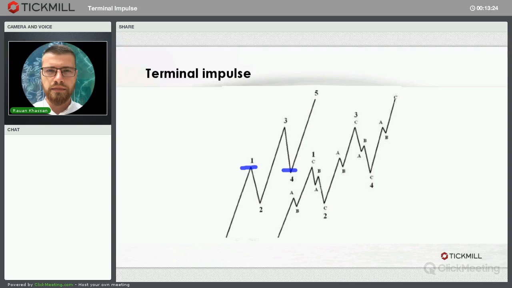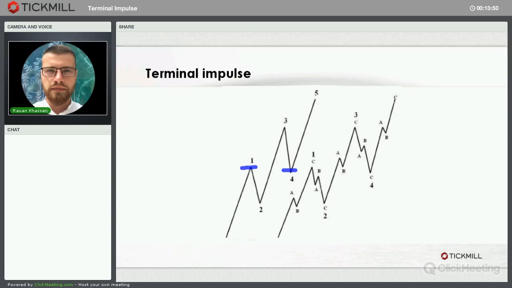An important note is that such aspects of forming up the terminal impulse, for example, signal lines, extension rules, and other assumptions, are identical to the rules which are described for trend impulse.